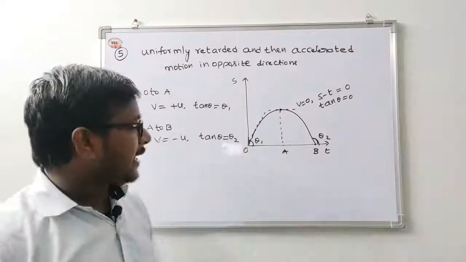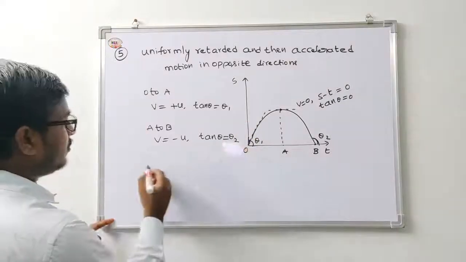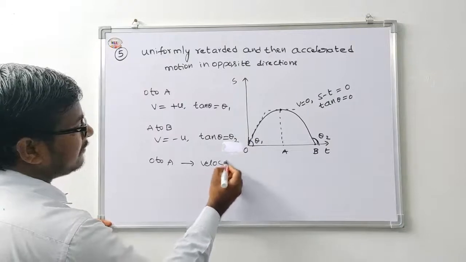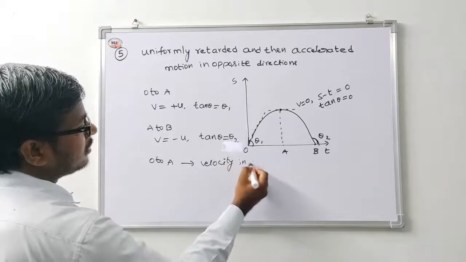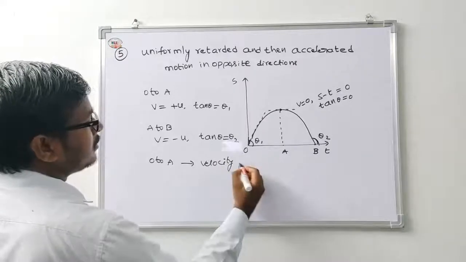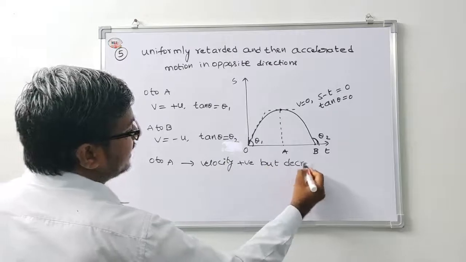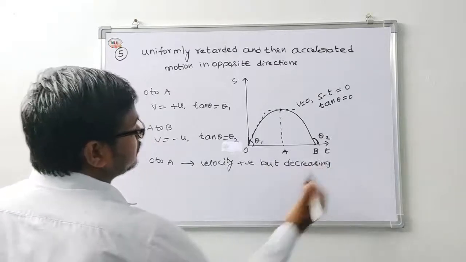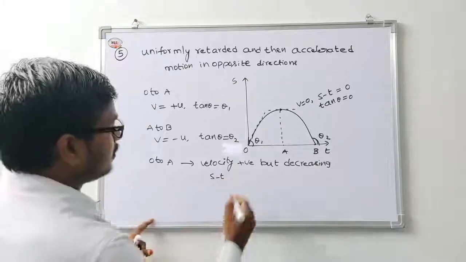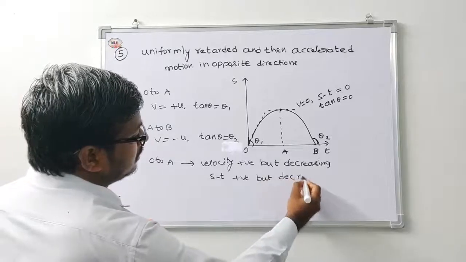From O to A, in the s-t graph, the velocity is positive but decreasing. The slope of the position time graph is also positive but decreasing.